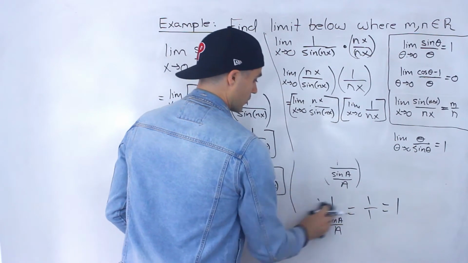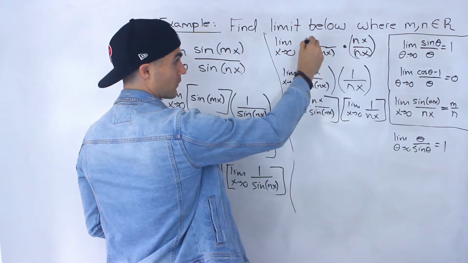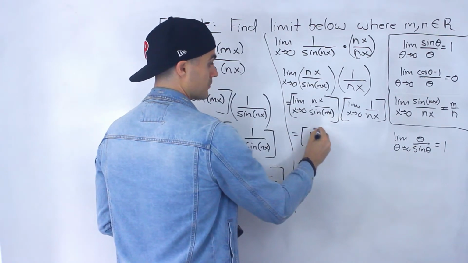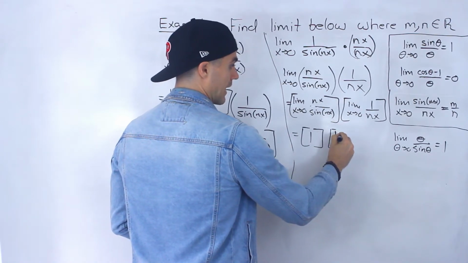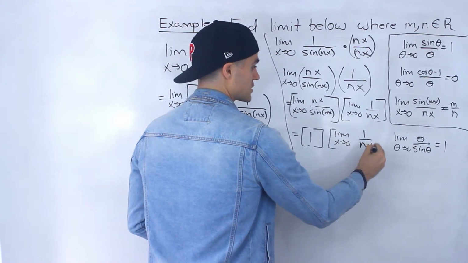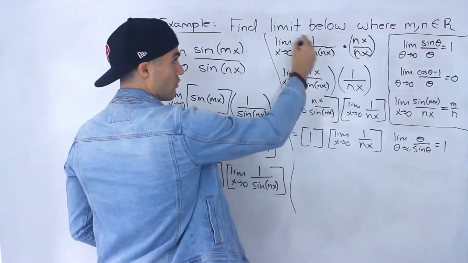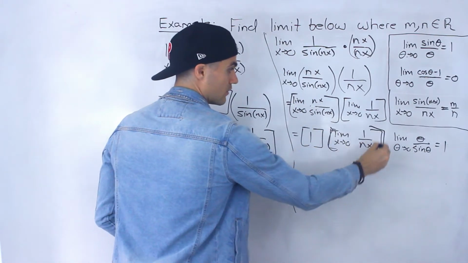So what do we end up with? Going back to what we're simplifying, remember, we're simplifying 1 over sine nx. This bracket here ended up equaling 1. And then we're just left with this limit here as x approaches 0 of 1 over nx. And I'm actually just going to leave that for now. So this bracket simplifies to this bracket here.